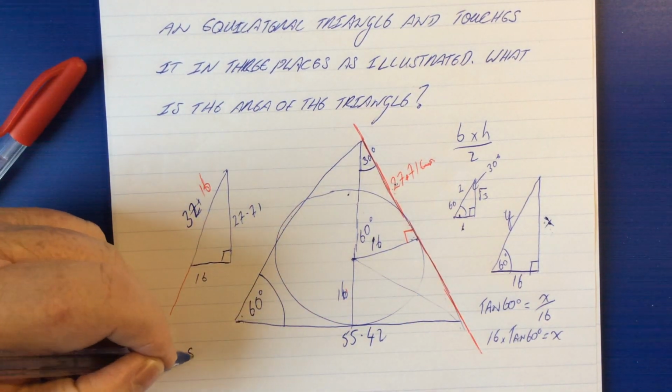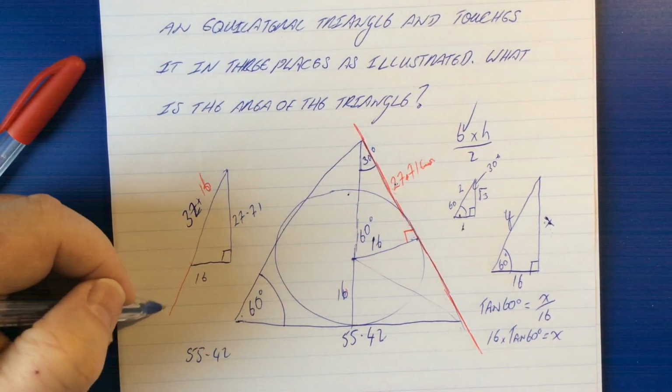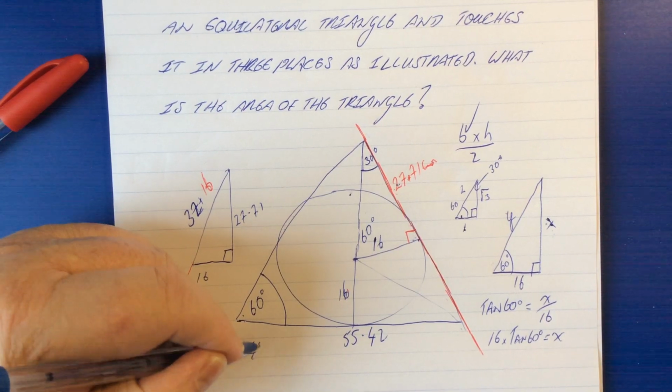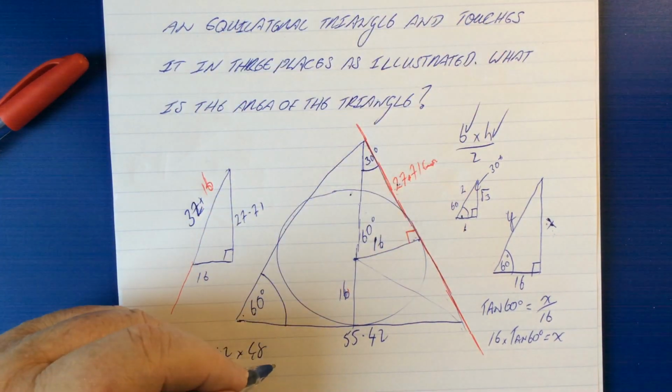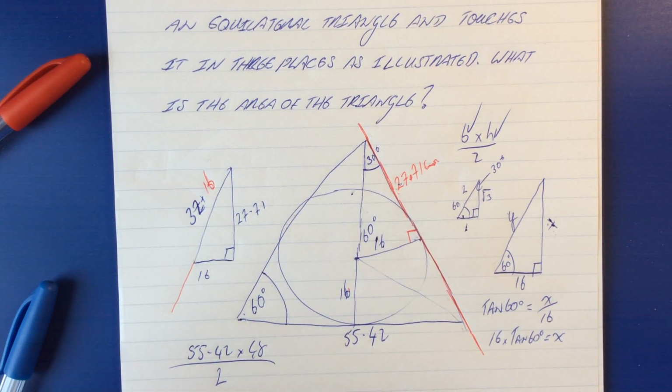So what do we have? Well, we've got the base, which is 55.42. That's that. We've got the height, which is 48, which is that. Multiply them and divide by 2, and we will get our area.